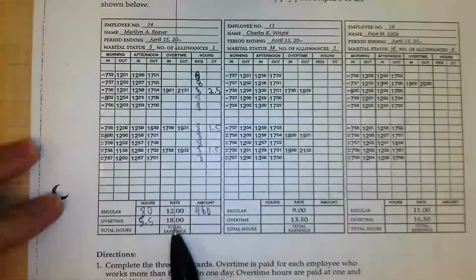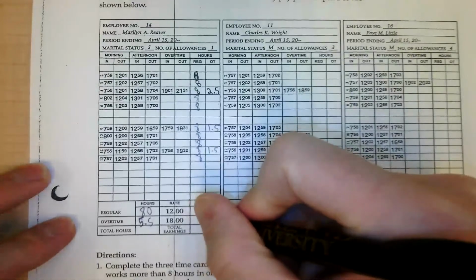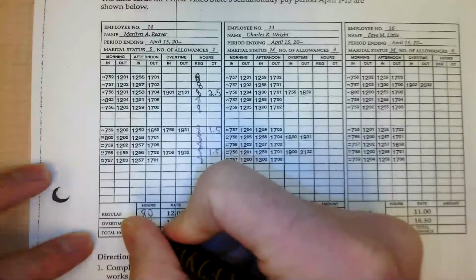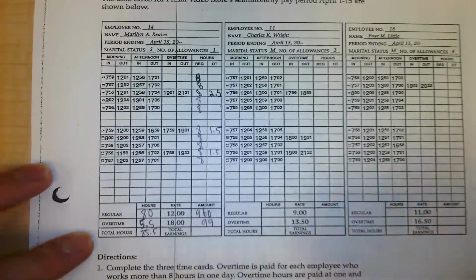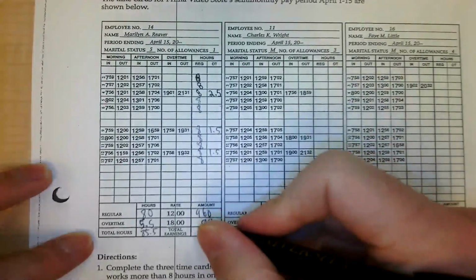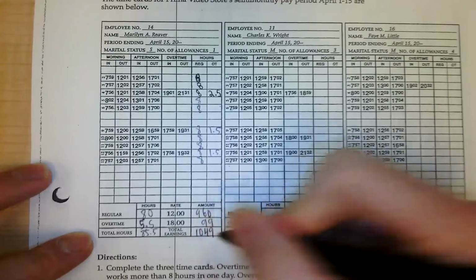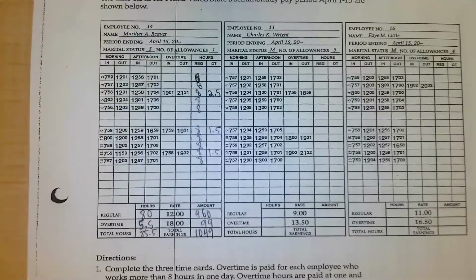And then 5.5 times 18 is 99. So the total hours this person worked was 85.5, for total earnings of 1049. So this person has earnings of 1049 for that 2-week pay period.